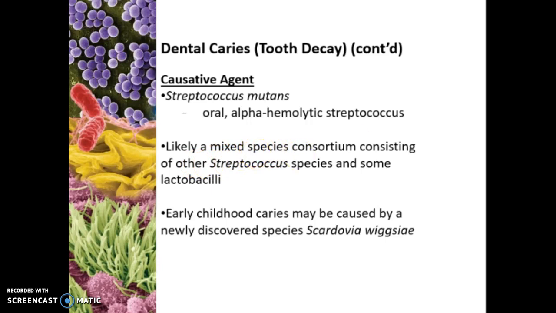Because there are so many different bacteria in our mouth, it's hard to actually say this cavity was caused by X organism, even though we know that Streptococcus mutans is a major player. And that's simply because of its ability to degrade food and to produce high amounts of acid.